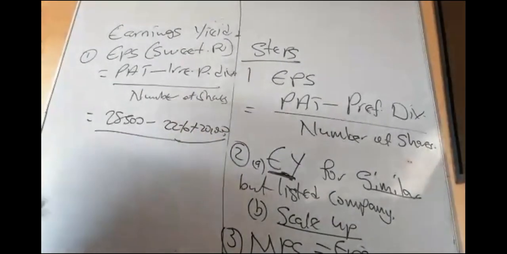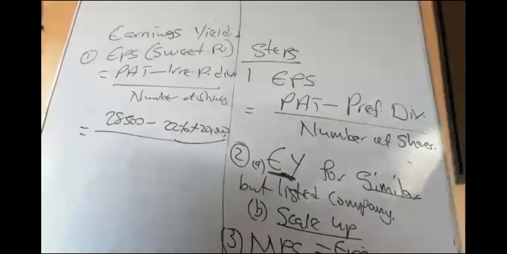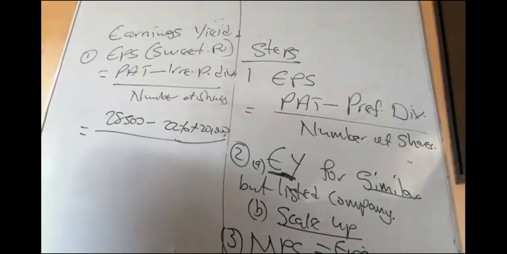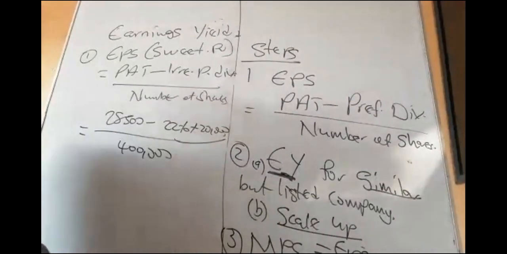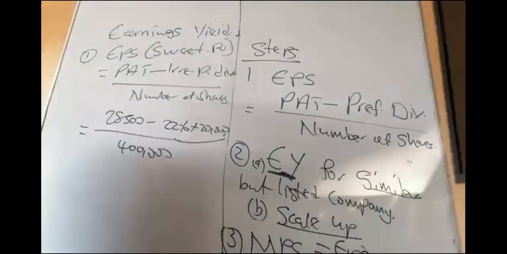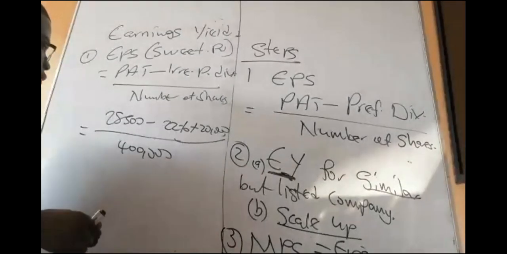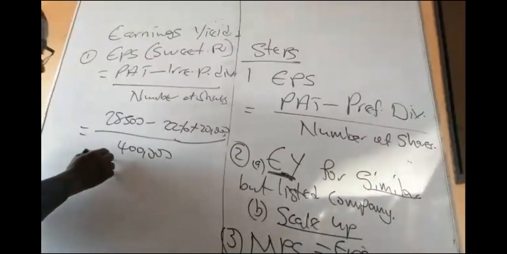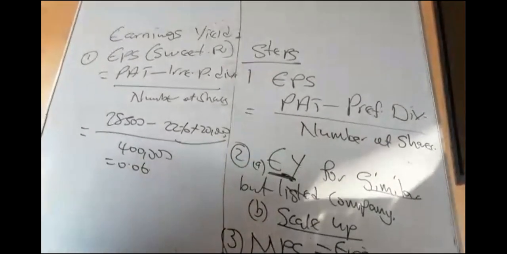Sweet potato, how many shares do they have? In our last meeting we calculated it, and we had what? Well, we had 400,000 shares. Good, so that's the earnings per share. This will give us 0.06. So that's the first step we have to do.